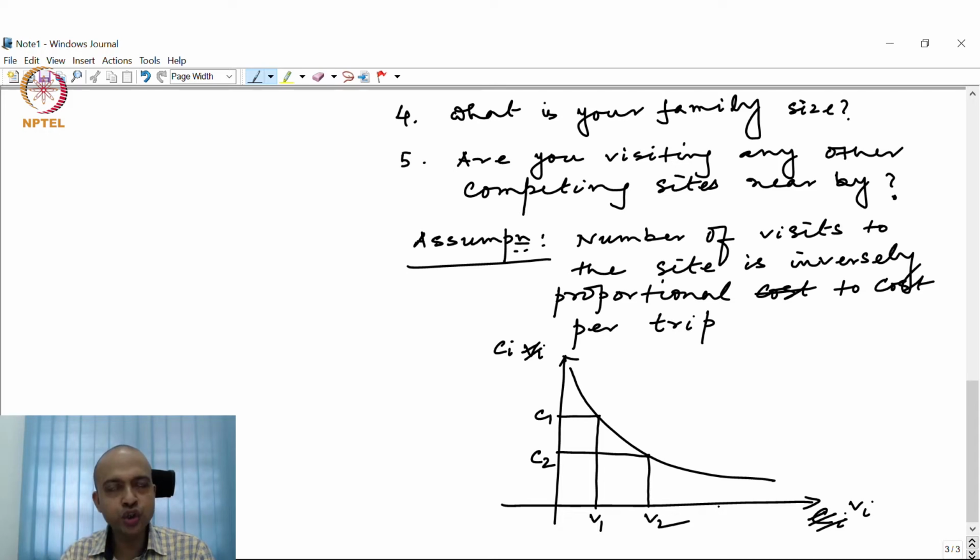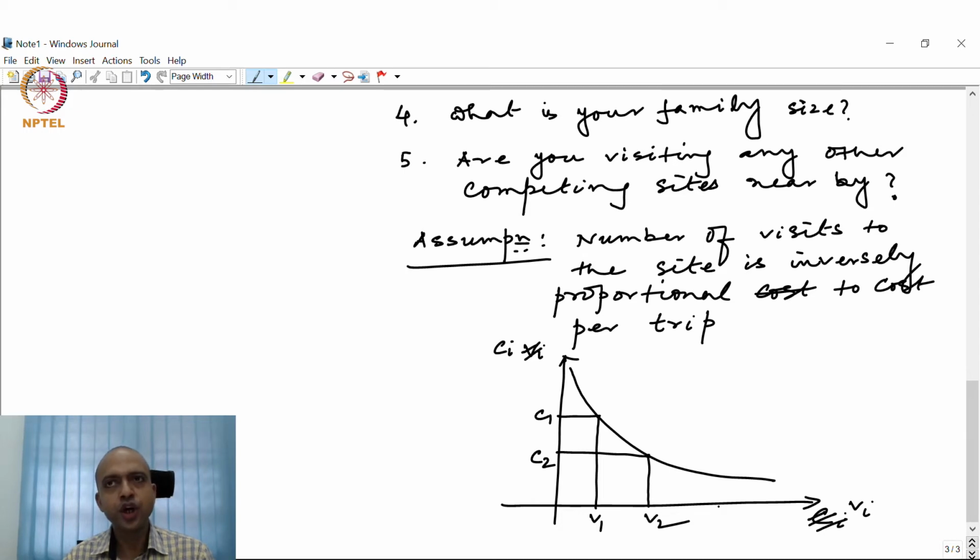Apart from this cost, we may include other socio-economic variables as well, for example age, gender, education level, family size, and so forth. For example, younger people might be more interested in visiting a particular site, while older people might be interested in places that are religiously popular.